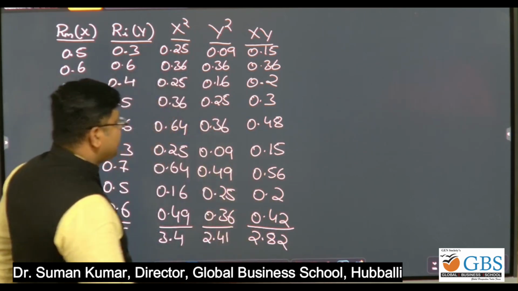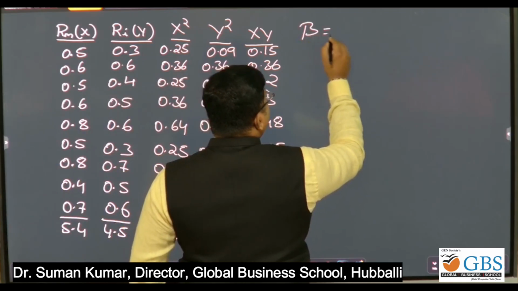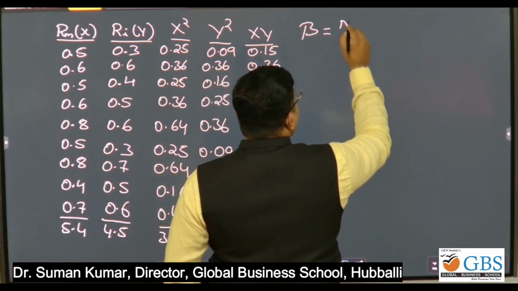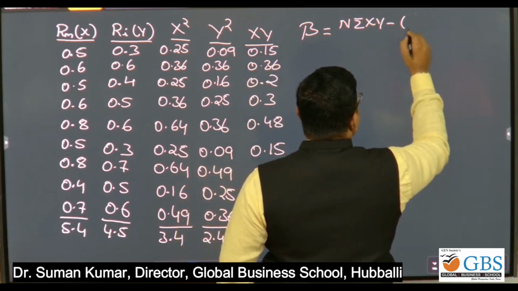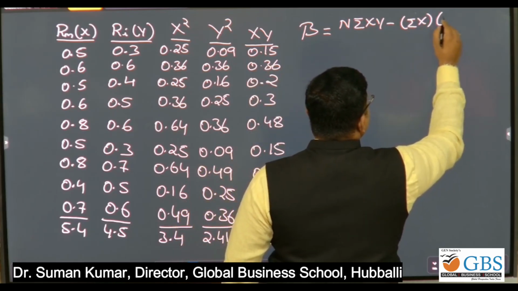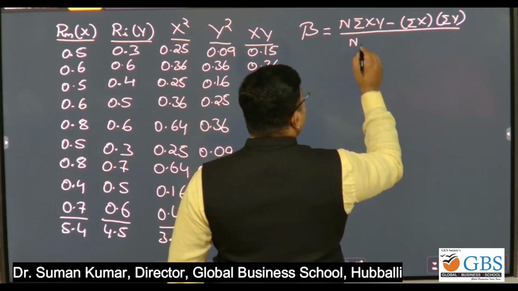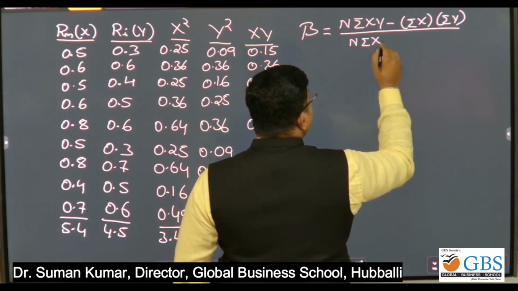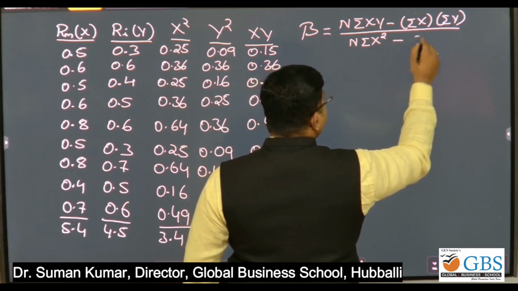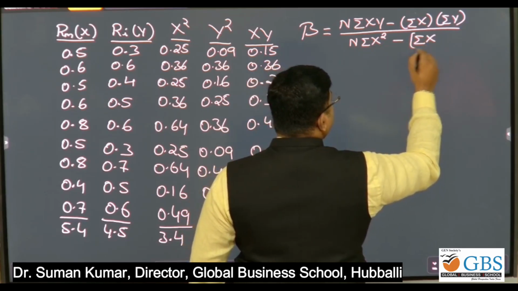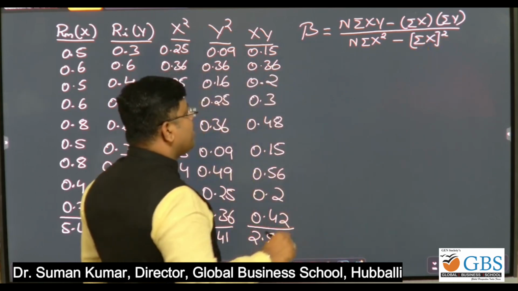So after this, I need to write down the beta formula. Beta is equal to n summation xy minus summation x summation y, whole divided by n into summation x square minus summation x, whole square. This is the formula, correct?